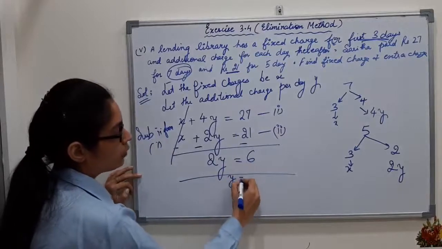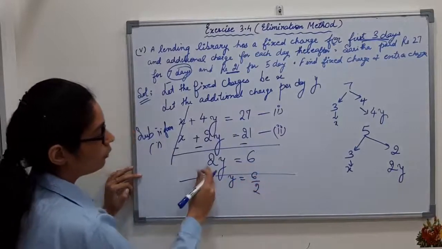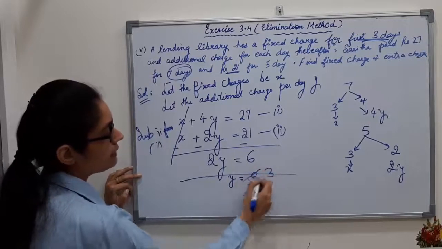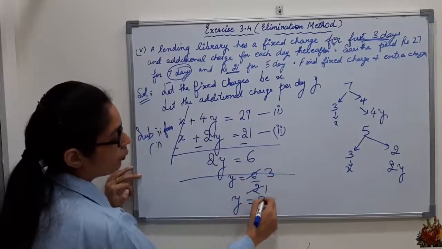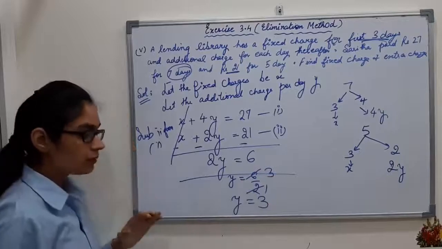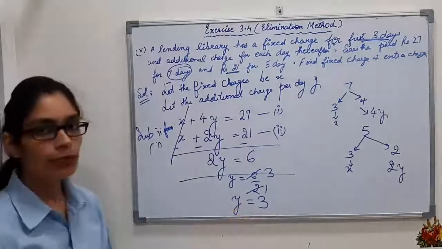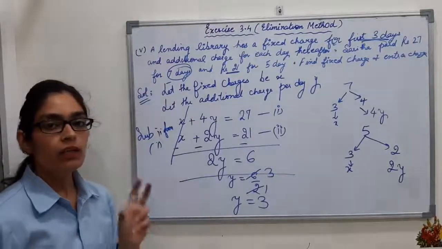So y is equal to 6 by 2. 2 will get divided on shifting to other side. 2 into 1 is 2, 2 into 3 is 6. So y we get rupees 3. That means for each additional day she is paying 3 rupees. Now let's find out the fixed charge.